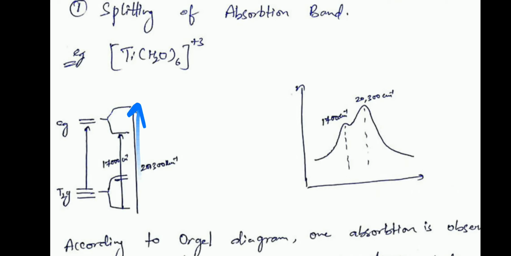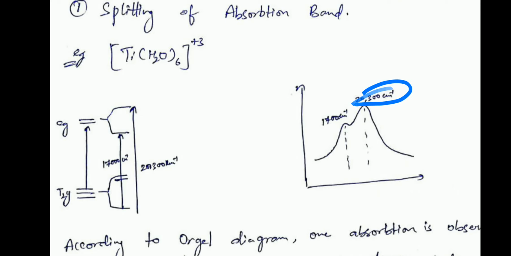So what you observe in the absorption band is a hump. It won't be a clean broad absorption band; it will give you a little hump. That means absorption is happening at two different wavelengths, your electron is excited at different wavelengths, and that is only possible when you have Jahn-Teller distortion here.